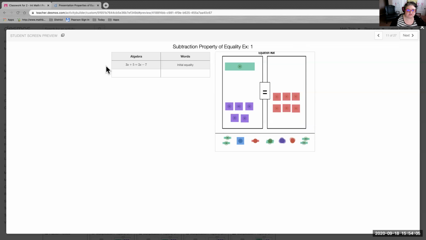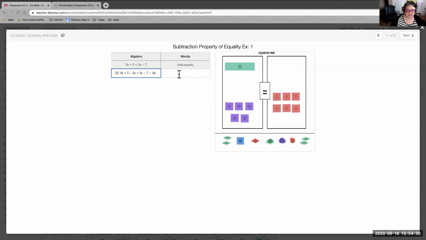Okay? So let's see, what would the algebra look like? So we copy this over, and then we write down what we did. Take away is minus. And they were 2 x's, so that was 2x. And then I did the same thing on the other side. I did minus 2x.